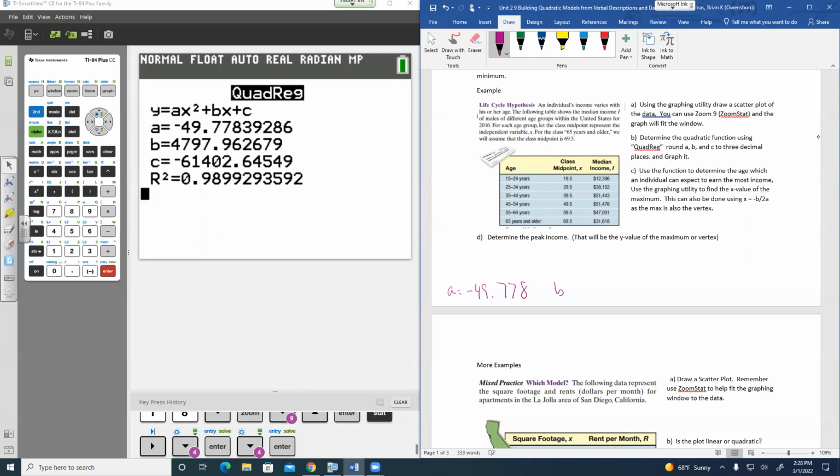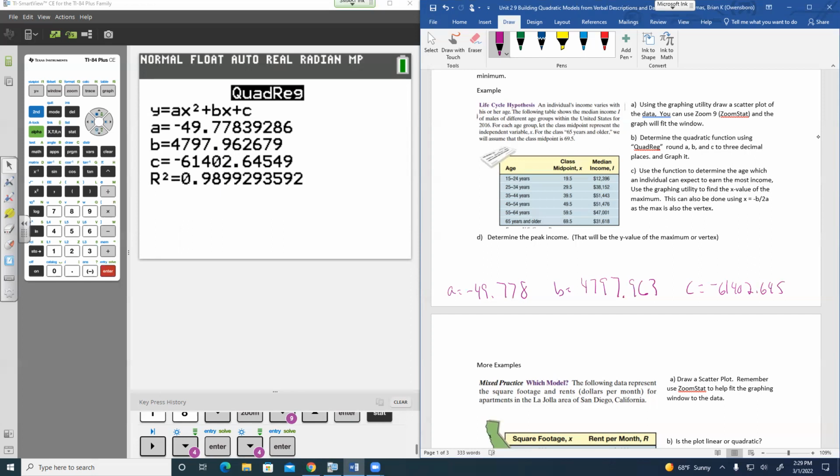The B is approximately 4,797.963, since we have to round out that 2 to a 3. And your C is going to be this negative 61,402.645.